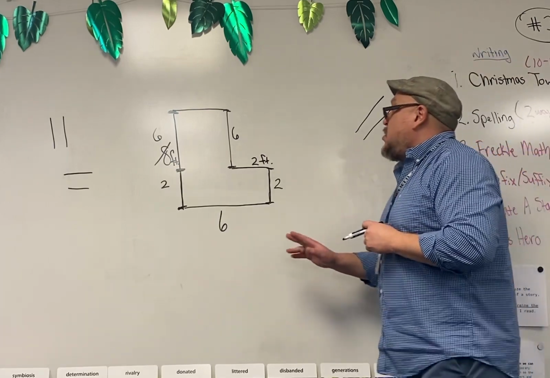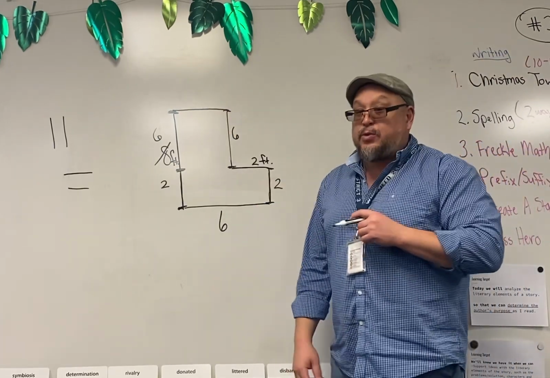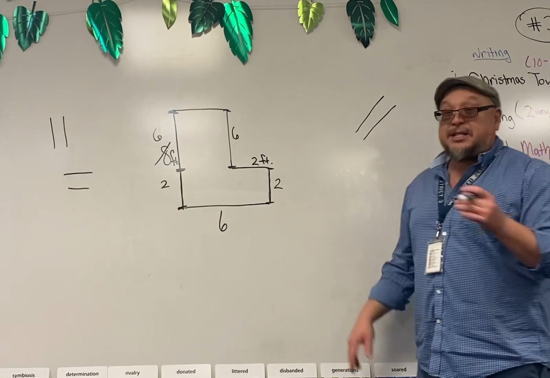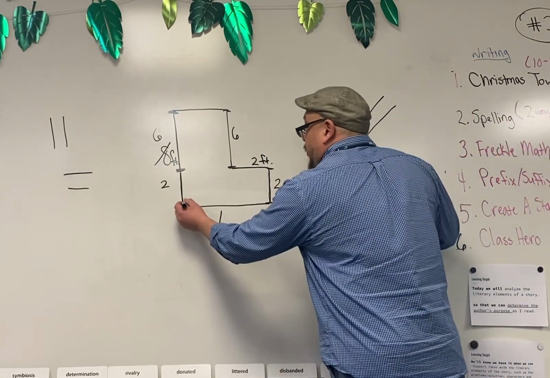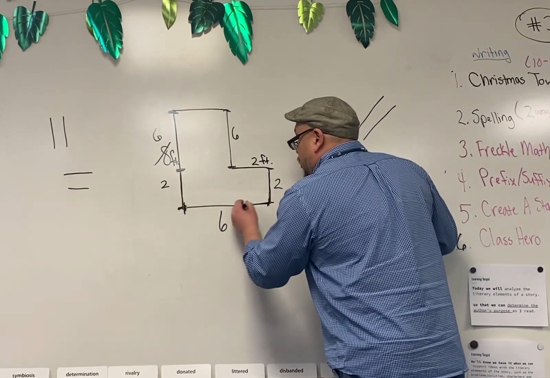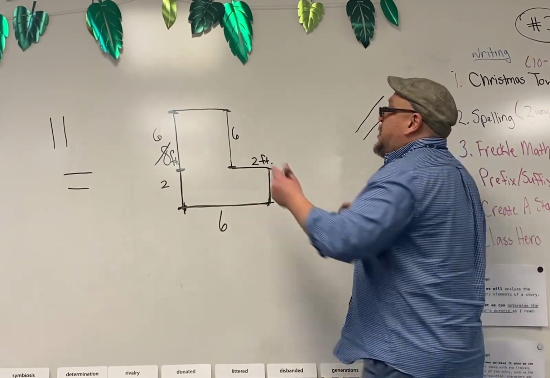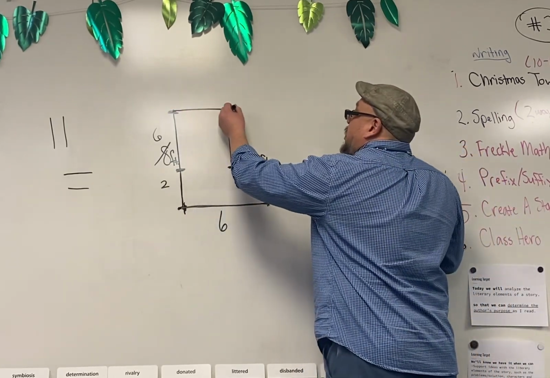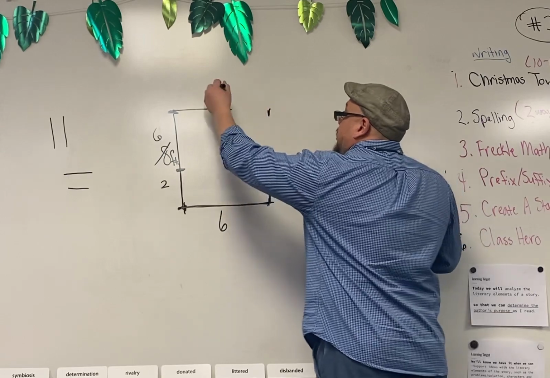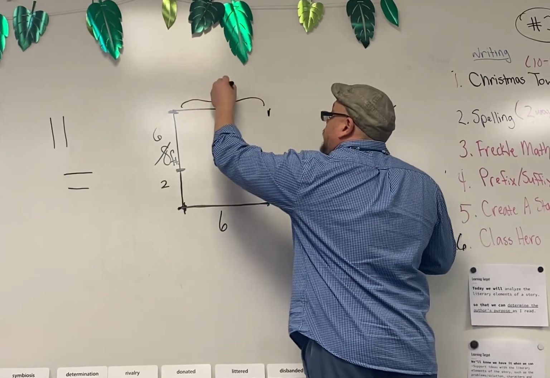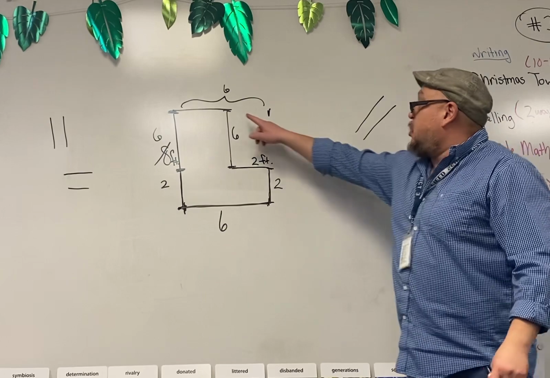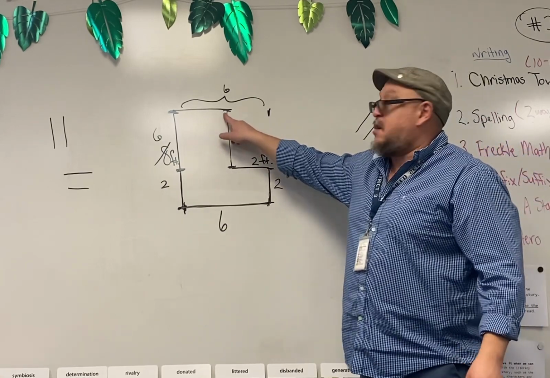Now, we have to look at this top line, which we don't know either. But let's look at the parallel lines. We have this line going horizontal all the way across equals 6. That means if this line went all the way to here, this whole thing would equal 6. But it doesn't go all the way there, does it? It stops right there.